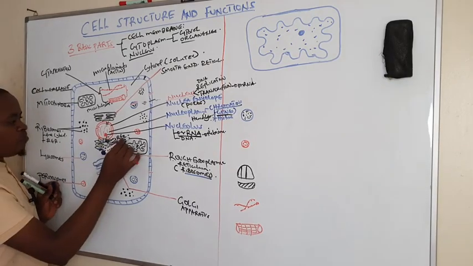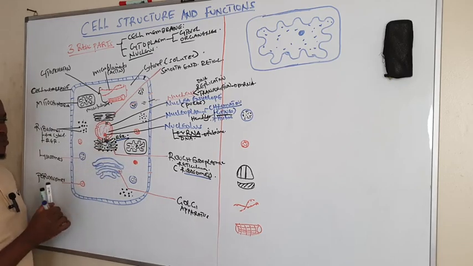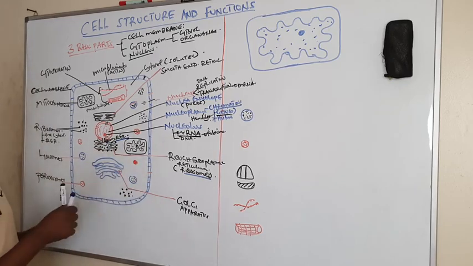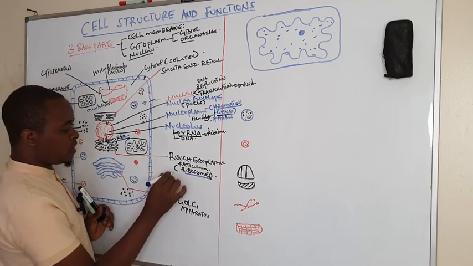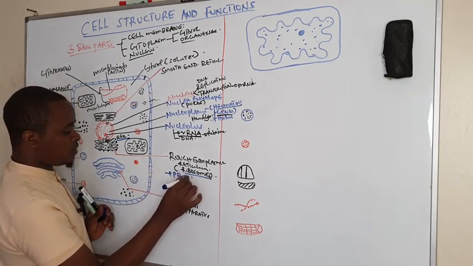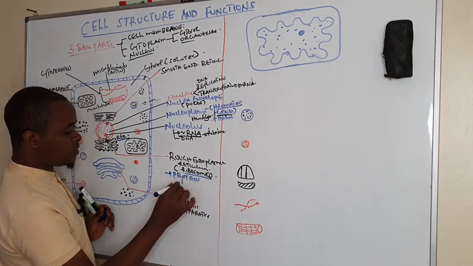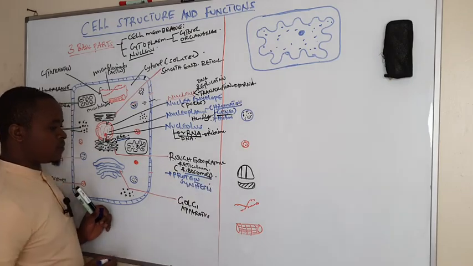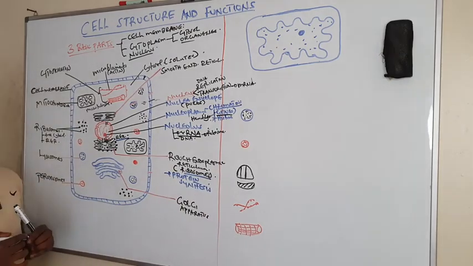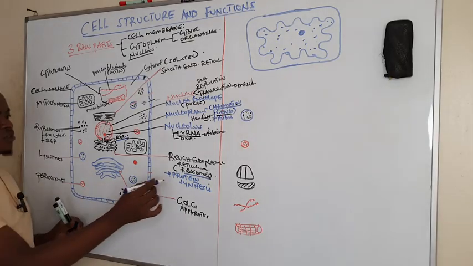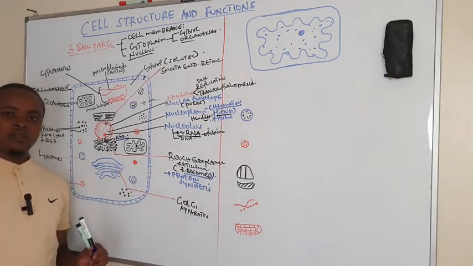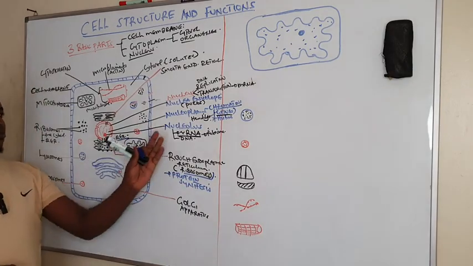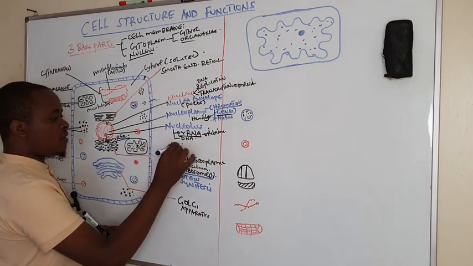So the major function of the rough endoplasmic reticulum, as we are going to list it here, is protein synthesis. It is the site for protein synthesis due to the presence of ribosomes, which act as machinery after the nucleus produces messenger RNA.